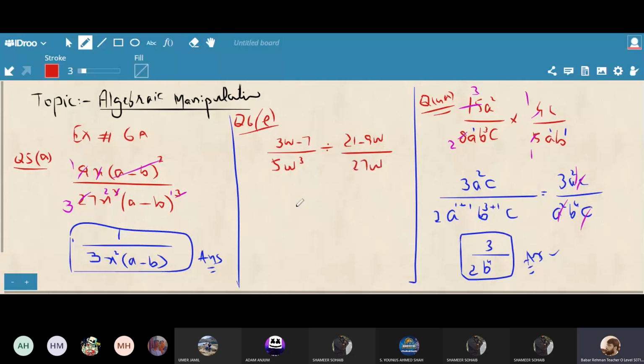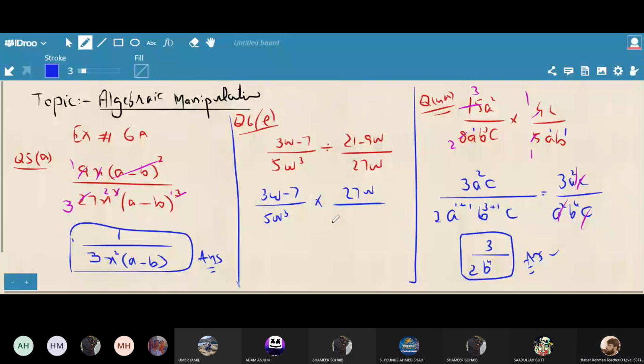Students, what is the first step that I should follow? Can anybody tell me how I can do this? This is a division sign. What should I do? Sir, we will multiply it and then flip the numbers. Reciprocal the fraction. Some students reciprocal before the division sign. Is it true to do reciprocal of the fraction written before the division?